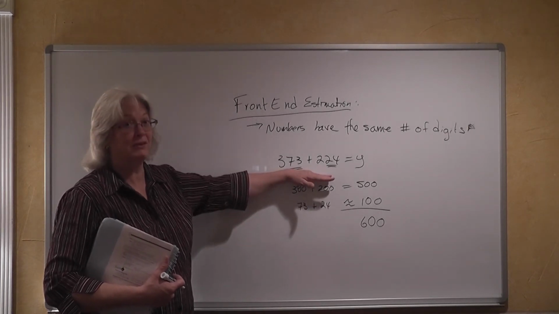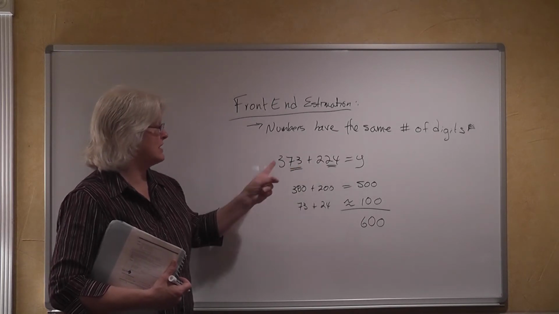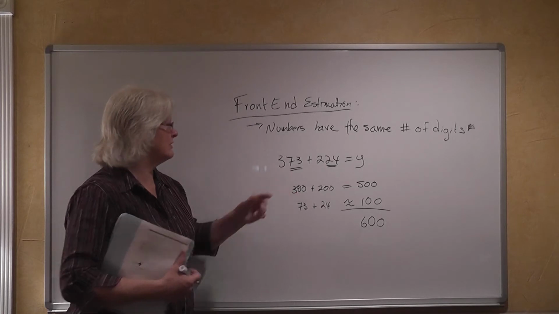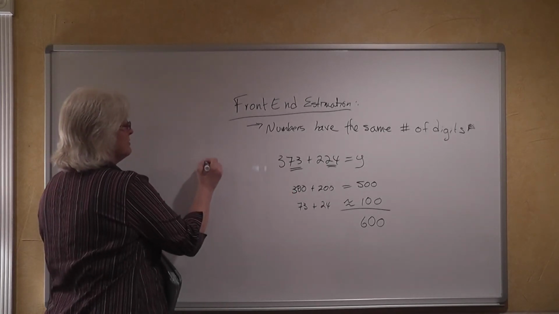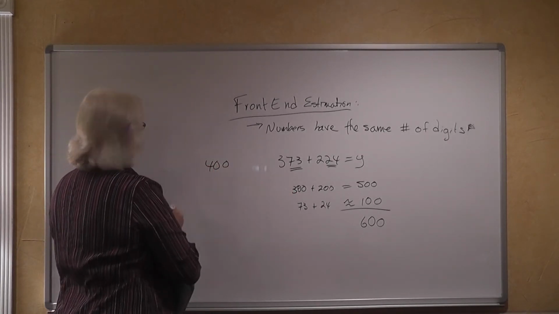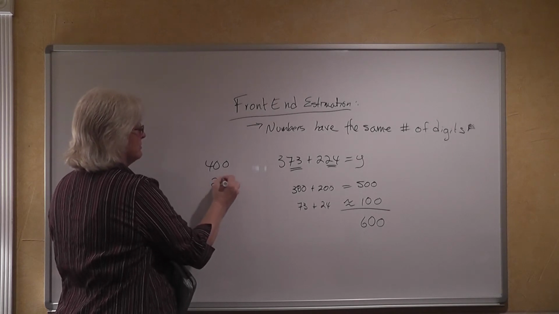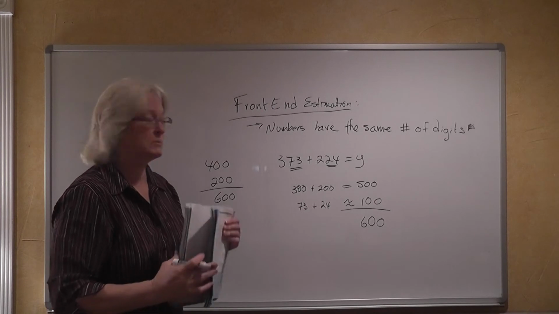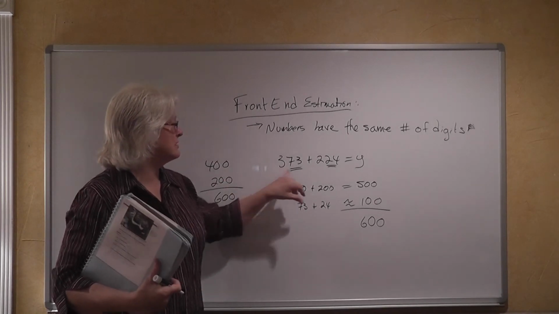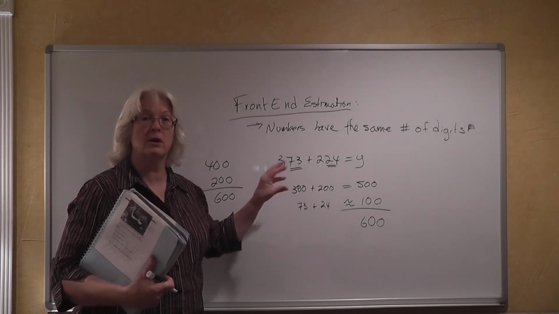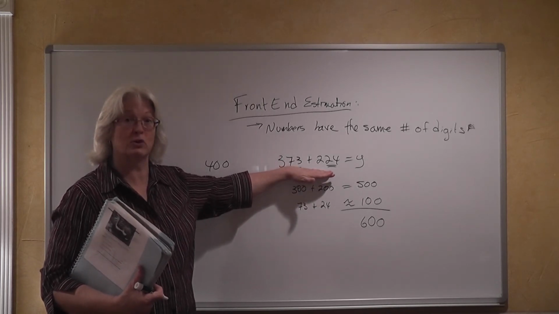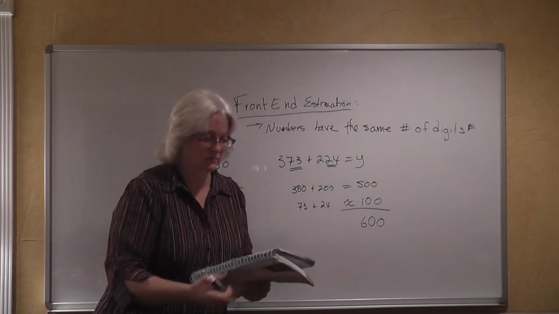Now, what I would tend to do, in all honesty, is say that 373 is about 400, and 224 is about 200. And I come up with that same estimation, but sometimes using this front-end estimation will give you a little bit better estimate when the numbers that you're using are larger.